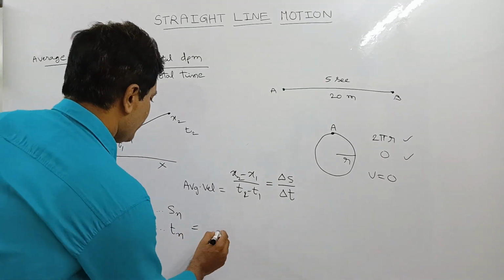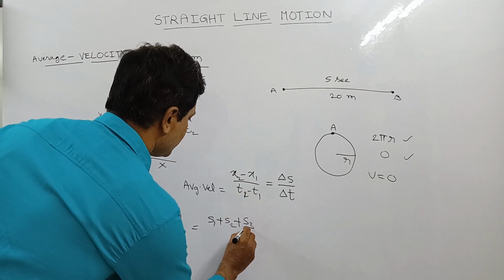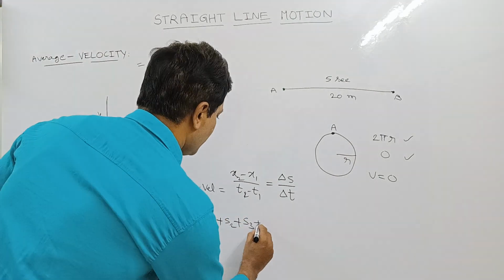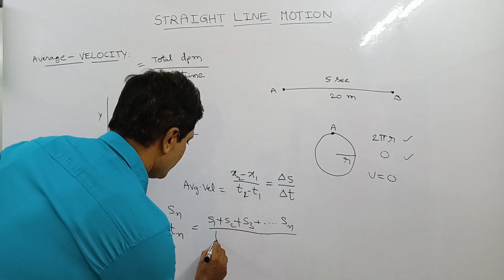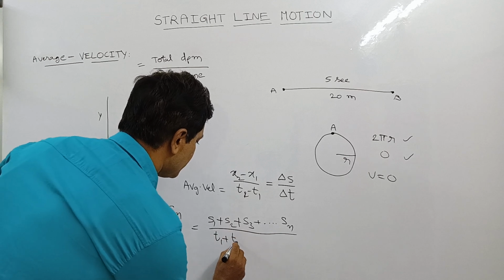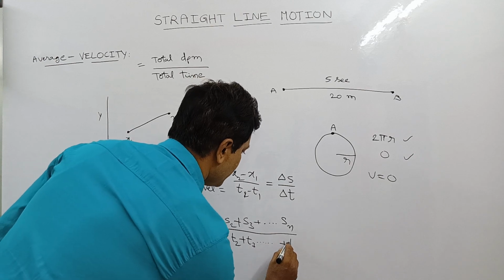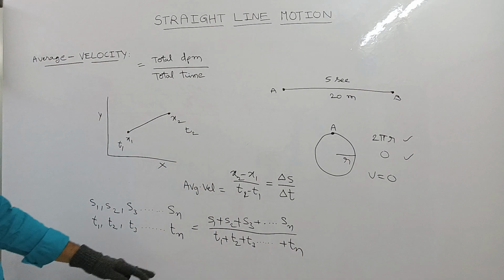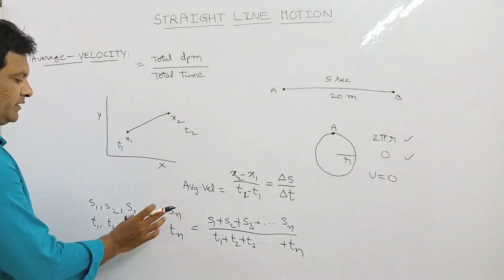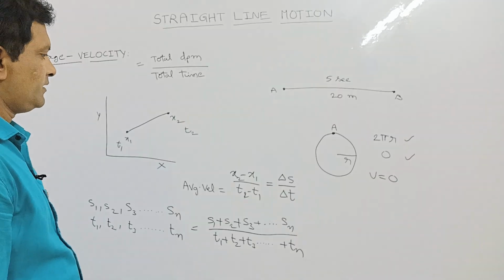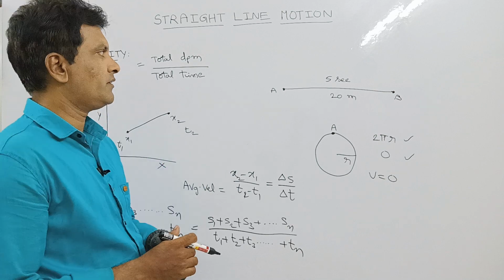Here total displacement is S1 plus S2 plus S3 up to Sn, divided by total time T1 plus T2 plus T3 up to Tn. This is the average velocity when the object covers n displacements in n time intervals. Okay, this is the concept of average velocity.